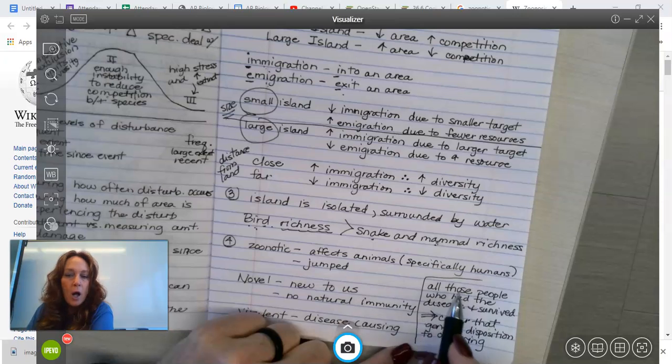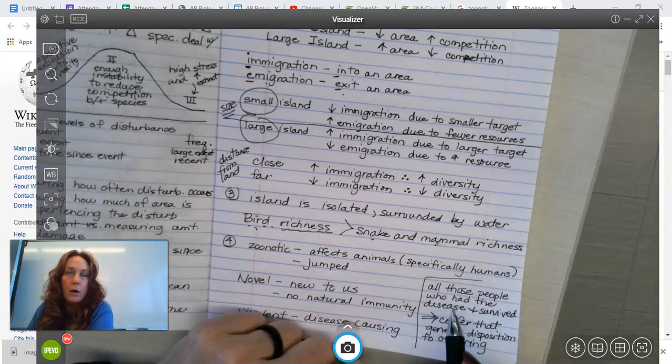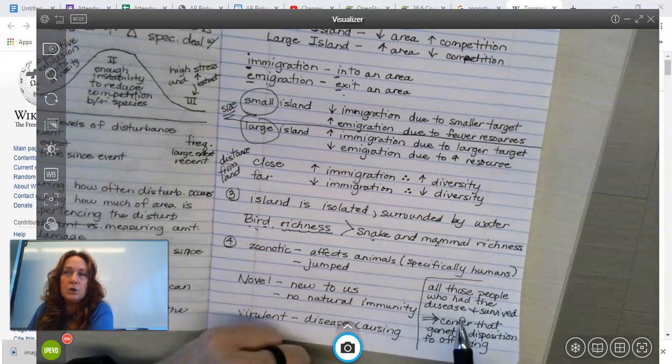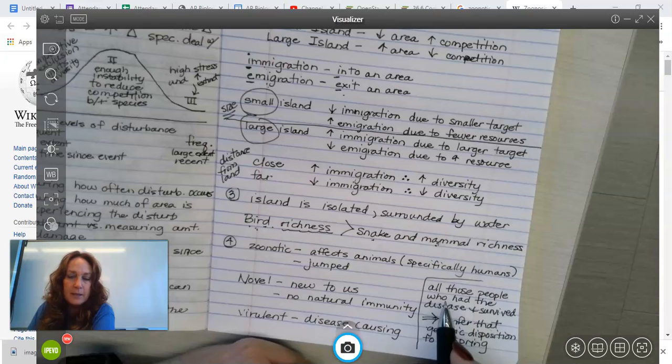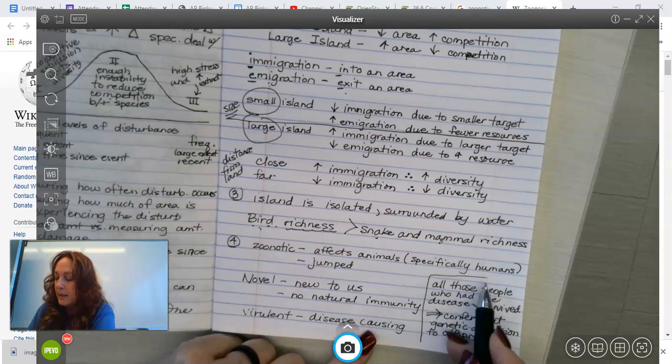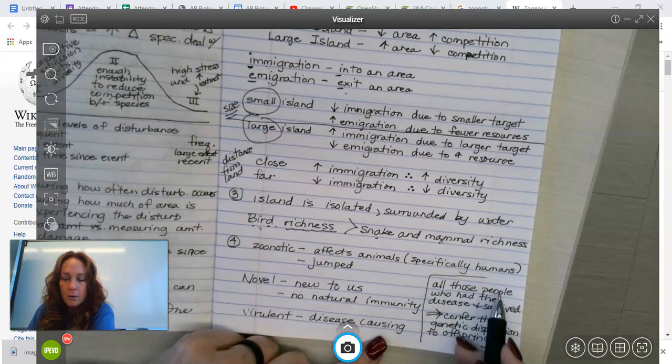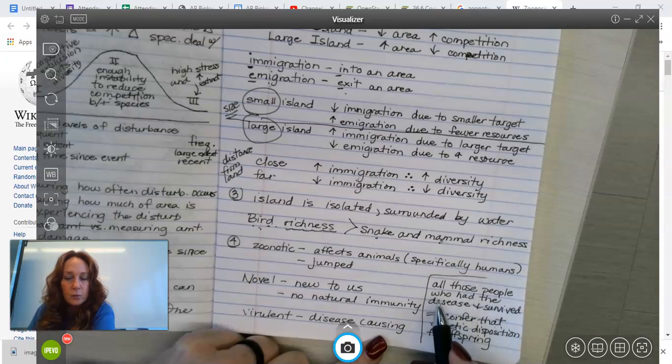But I am not saying that the people who had the Spanish flu and lived from it, now I could walk through fields of Spanish flu people and not get it because my great-grandmother had it and lived through it. That's not what I'm saying. I'm just saying there's something about those people that they had a higher survival rate.